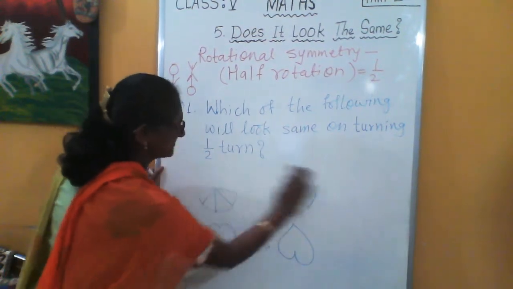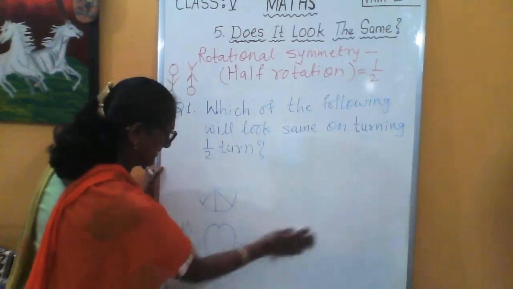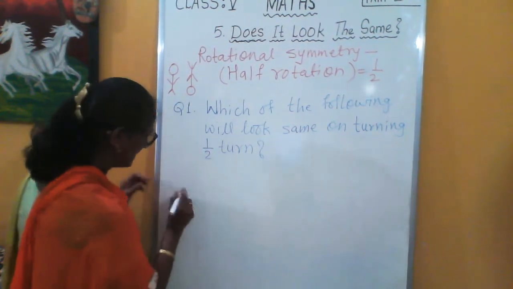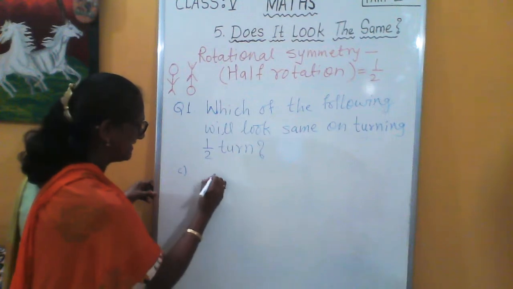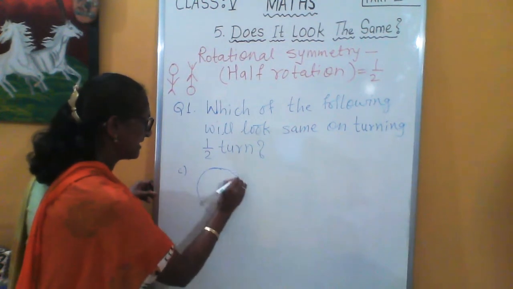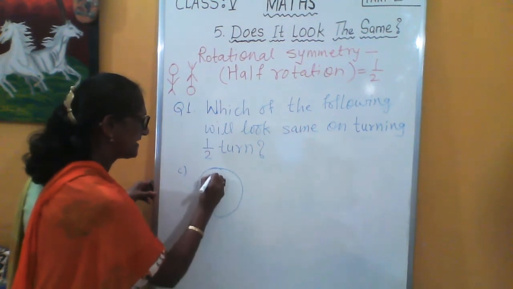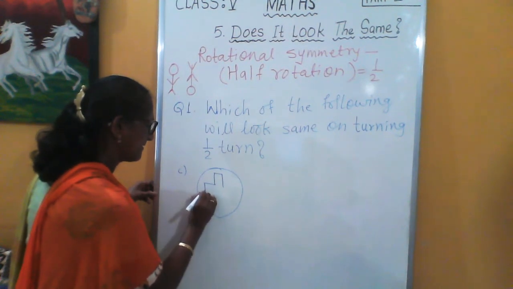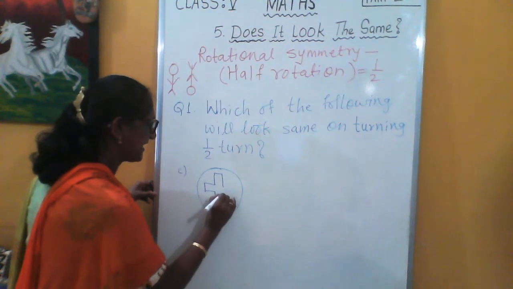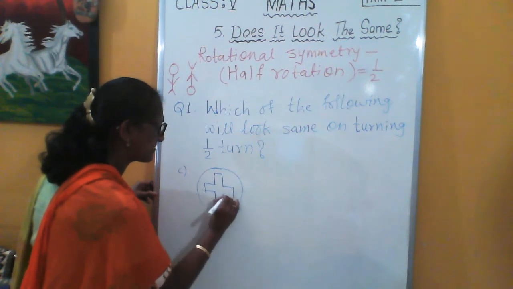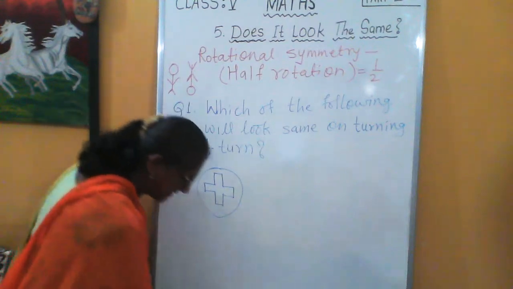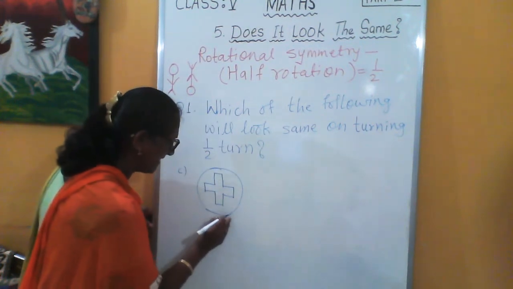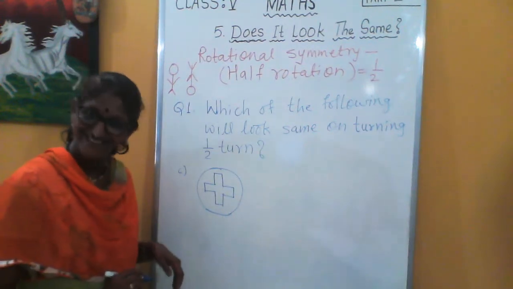You have to turn it, do it practically so that you will get the correct answer. Suppose the next figure is a circle, and in that circle, which is this sign? This sign represents, yes, correct, medical, doctor.